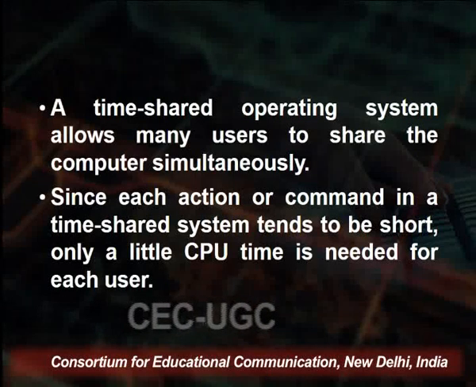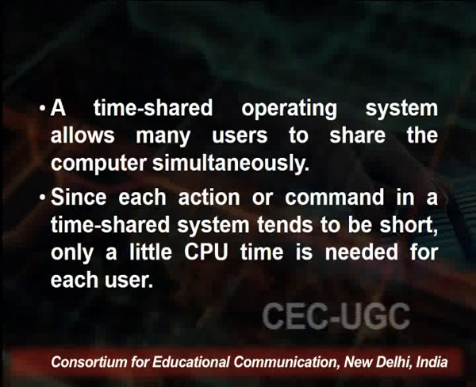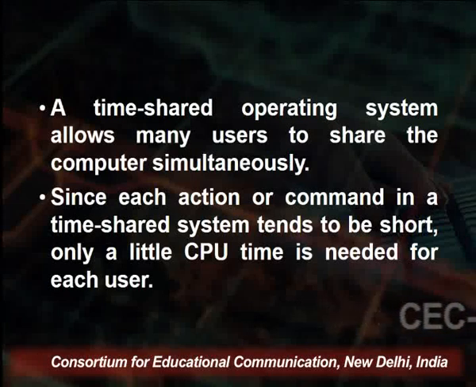So even if we have a multi-user system, and multiple users are working on that particular system, let's say 10 users are working on one computer system, all those 10 users are submitting their command, or their action, or their program to get executed.